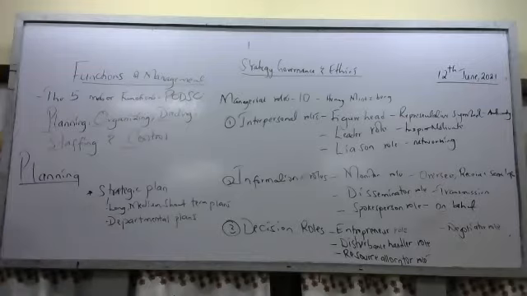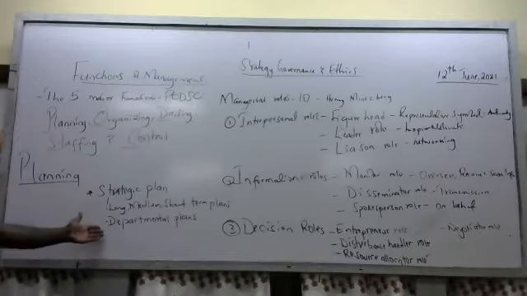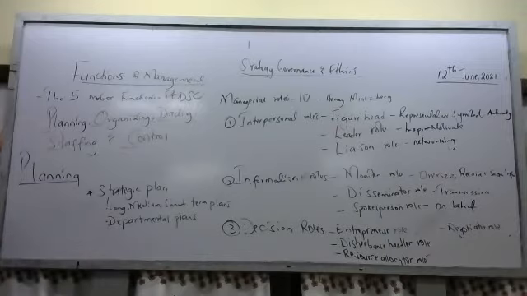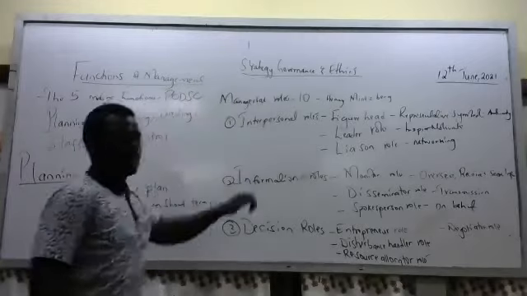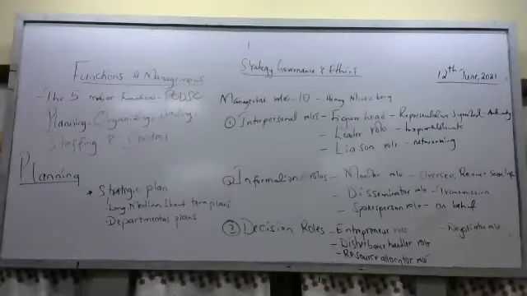Then you have the departmental plans, and so many other types of plans. There are so many types of plans. When I come to mention them here I will mention over 8 types of plans. But when we come to strategy, I will mention them all and discuss.